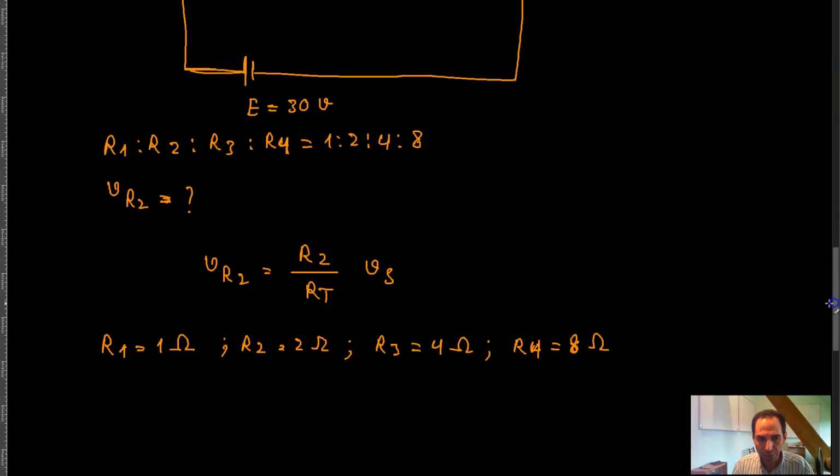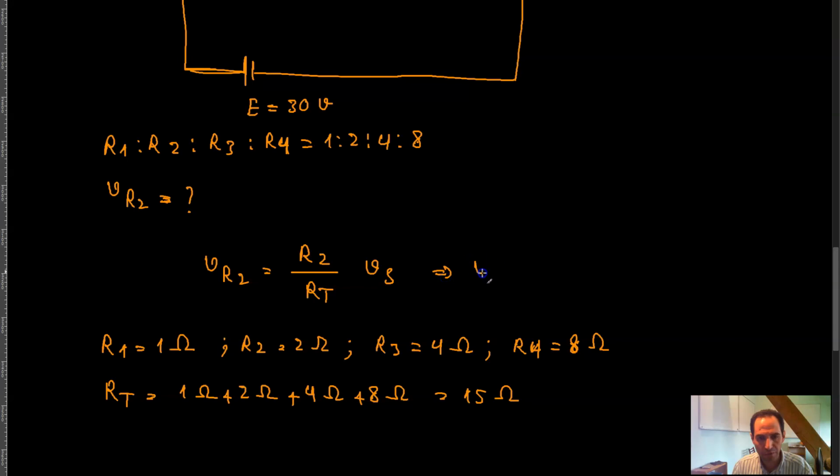Now you have the value of R2, and the R of T in this circuit would therefore be 1 ohm plus 2 ohm plus 4 ohm plus 8 ohm, which is equal to 15 ohm, right?